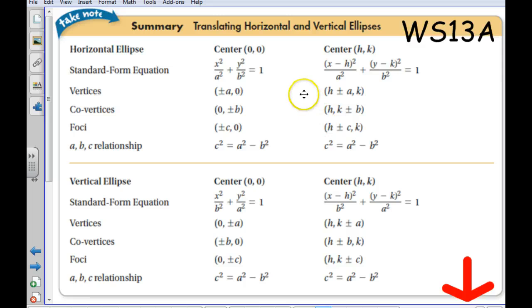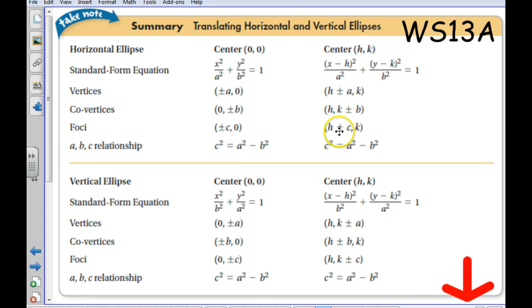So here, you will notice all we did up top, right there, is replace x with an x minus h and y with a y minus k. The struggle comes here. a now doesn't go from the origin, it gets added onto (h, k). Okay, depending whether it gets added onto h if it is a horizontal, gets added onto k if it's a vertical parabola. The co-vertices opposite, okay?